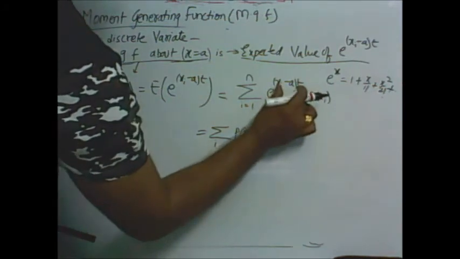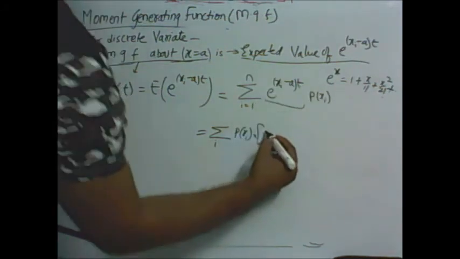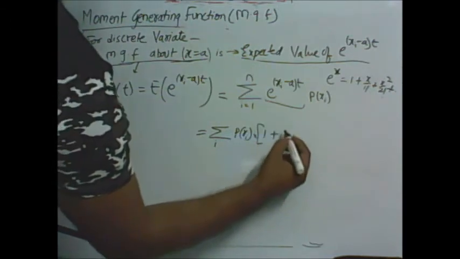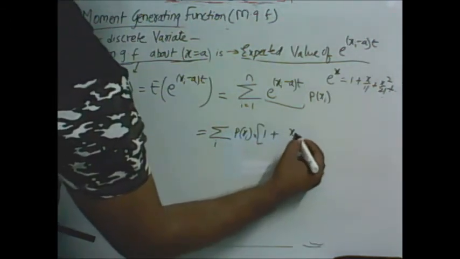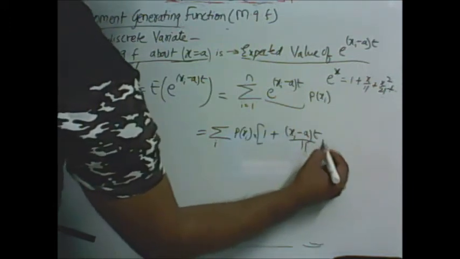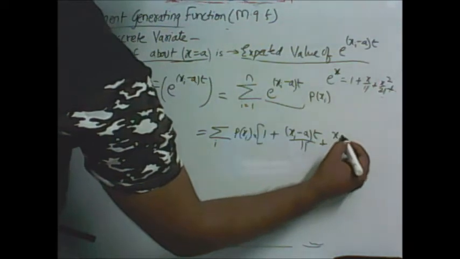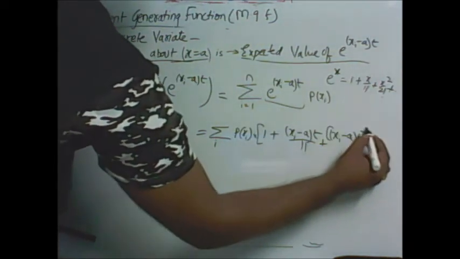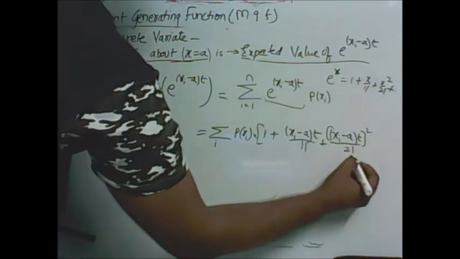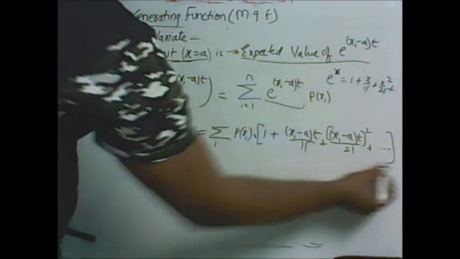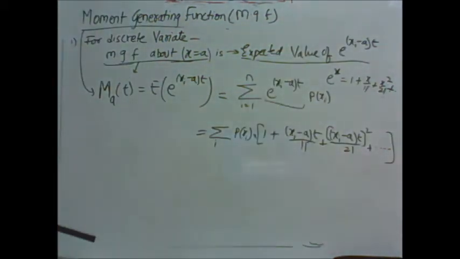So instead of x we have this term. We will write it as 1 plus xi minus a into t by 1 factorial plus xi minus a into t whole square by 2 factorial plus so on, up to infinity.